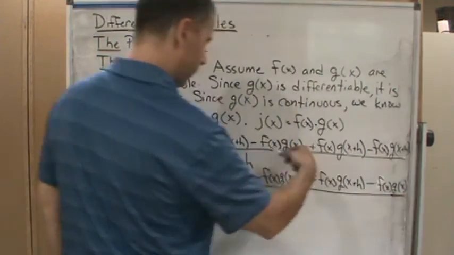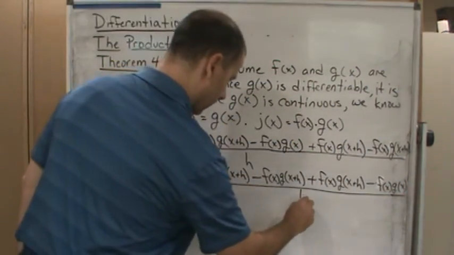So all I did was move the terms around in the numerator, and then I get h.